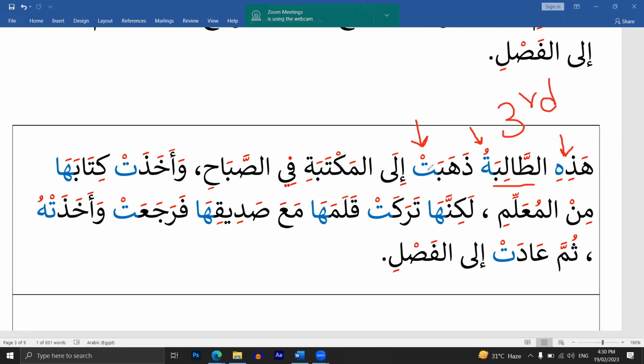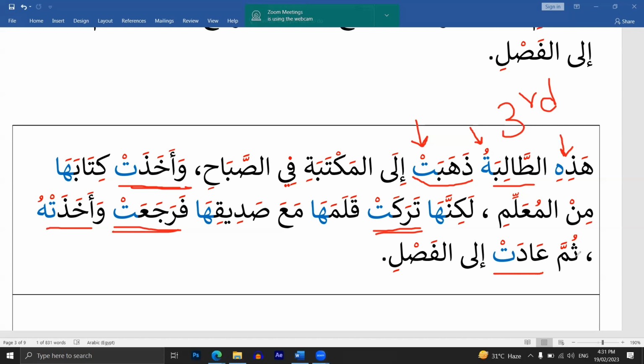So it will be ذهبت, أخذت, تركت, فرجعت, وأخذته. Again, ثم عادت. So once you did one conjugation wrong, it will affect the remaining paragraph, because we have almost how many verbs here? 1, 2, 3, 4, 5, 6 verbs.